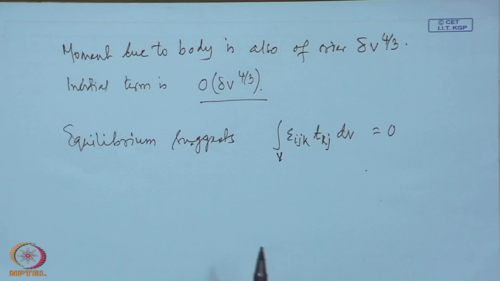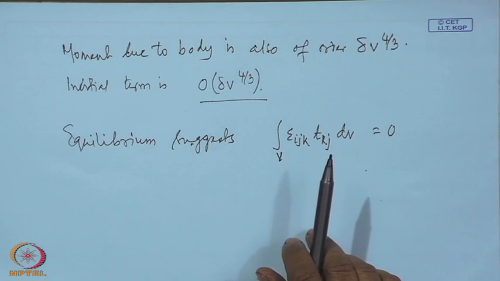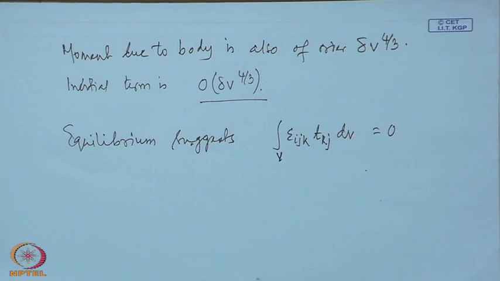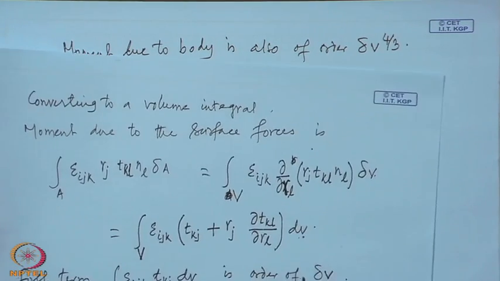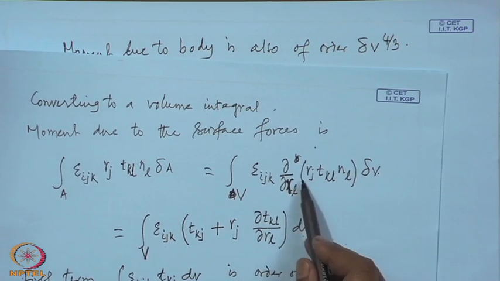At this stage it is not T k l, it is T k j. What did I write? I also wrote T k l, but after this there is a differentiation.